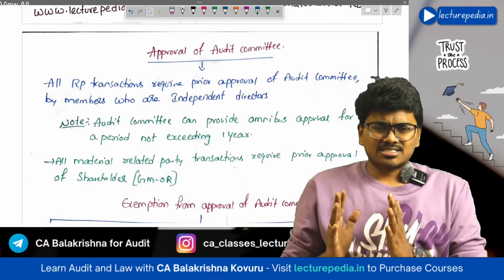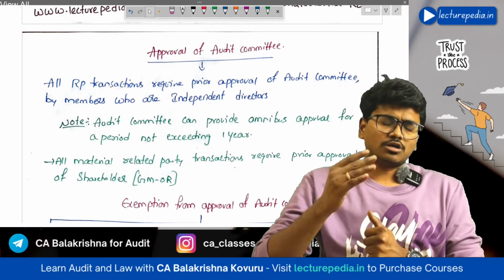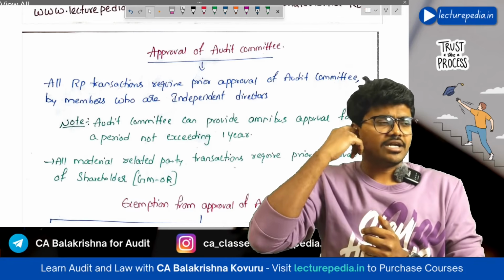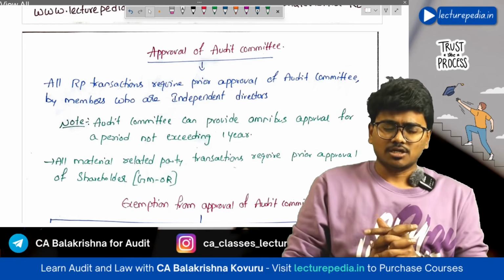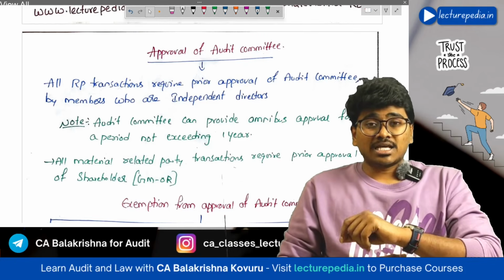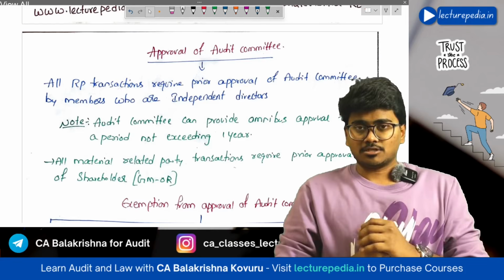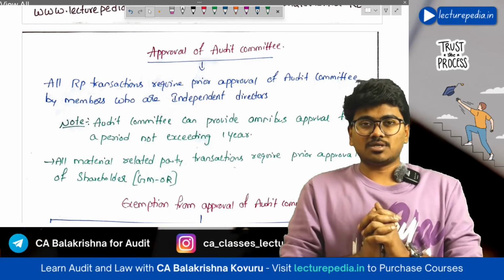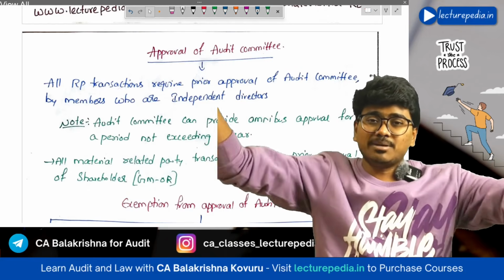Now let's say the company is entering into a lot of related party transactions on a day-to-day basis, daily 1 or 2 related party transactions. In such situations, it becomes very difficult to take prior approval of the audit committee for each and every transaction, right? So to deal with this situation, the audit committee will give omnibus approval.